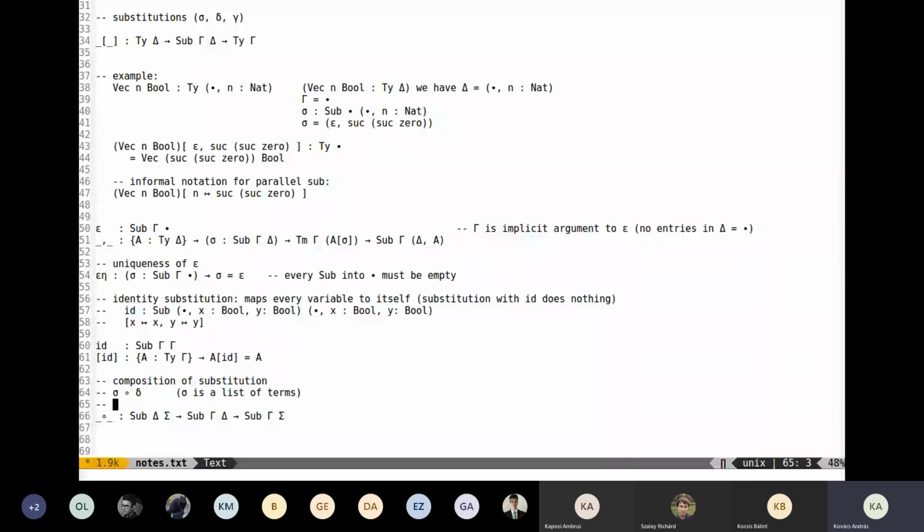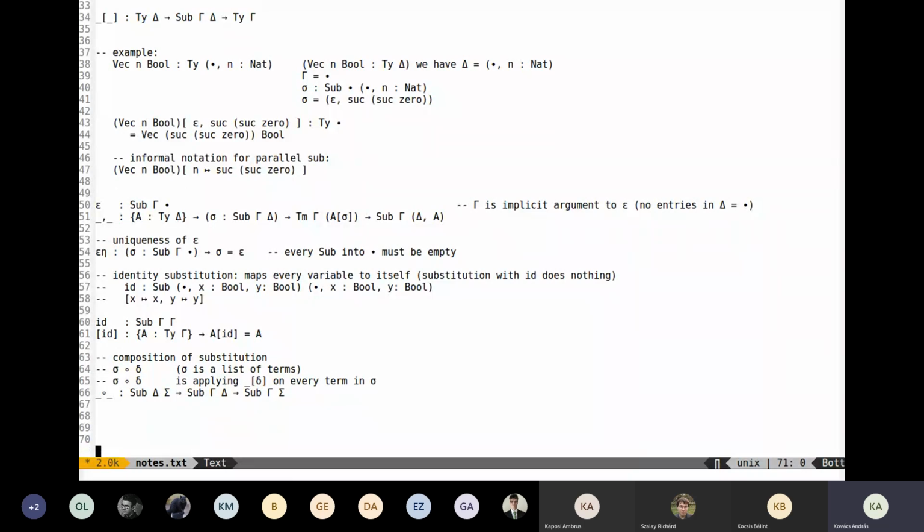Like substitution computes on every type former and term former, likewise this substitution composition also computes on particular substitutions. The way this works is that sigma is a list of terms, and this is basically applying the operation which is a term substitution with delta on every term in sigma.